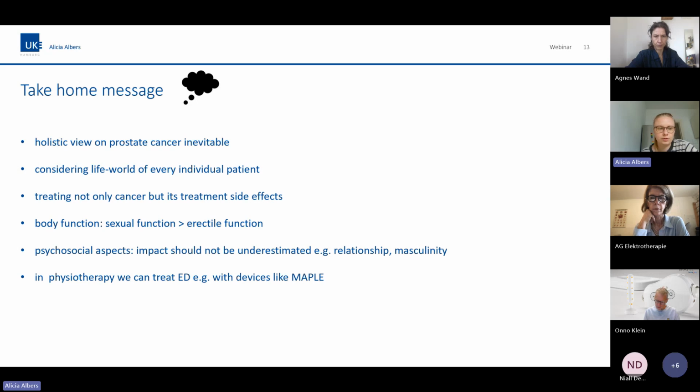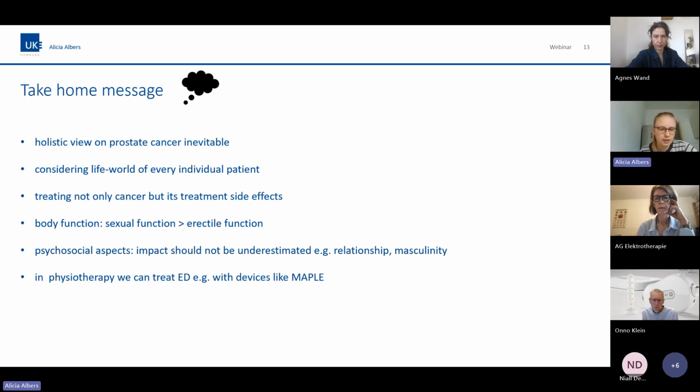For men with erectile dysfunction, when you look at the body function, it's good to have in mind that sexual function, which includes sexual desire and the possibility to climax, is more important than the erectile function.